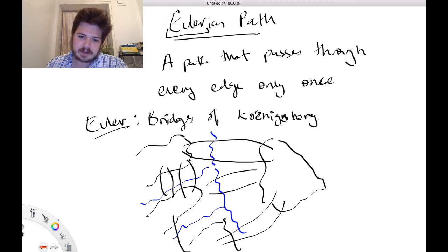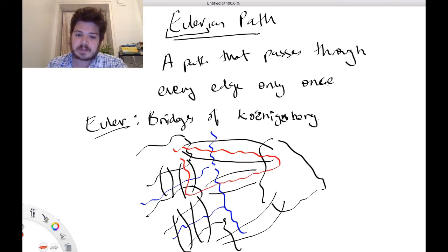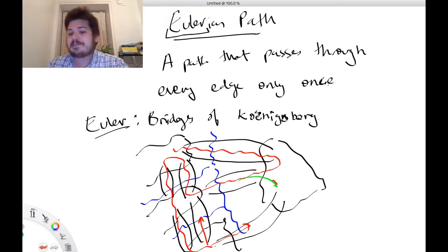So there were these 7 bridges, and Euler was walking through town one day and asked if it was possible to walk through all the bridges only once. So, for example, the path I drew here, I would not be able to go across both these bridges without having to cross one of the bridges again.